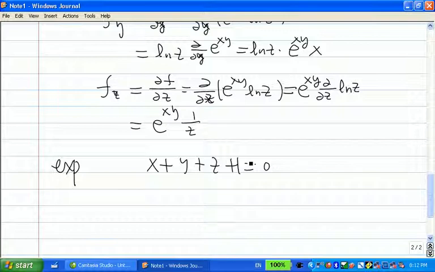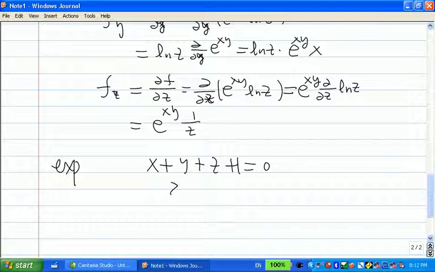You say, hey, this is a function depending on 3 variables. But it's really not, because for given x and y, z cannot be anything. Z must be something that makes this equation true. For example, if x equals 0, y equals 0, then your z must be 1. So this really tells you z is a function of x and y.